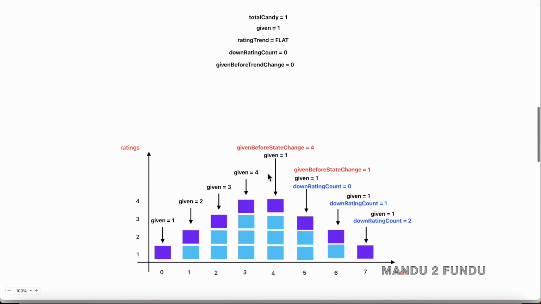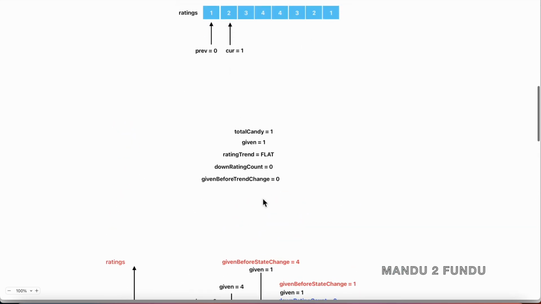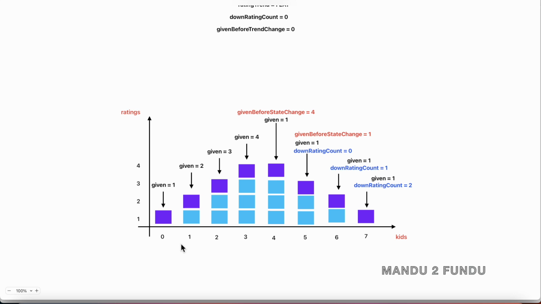Let's look at that input data in a graph. So the x-axis corresponds to the kids and the y-axis is the rating. We can see from the kid at location 0 to 3 it is trending up and the candies given to those kids are increasing: for this kid 1, this kid 2, this kid 3 and this kid 4.